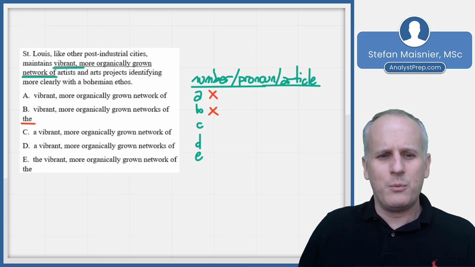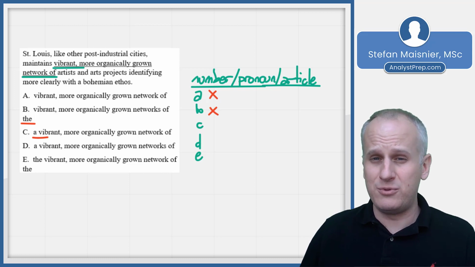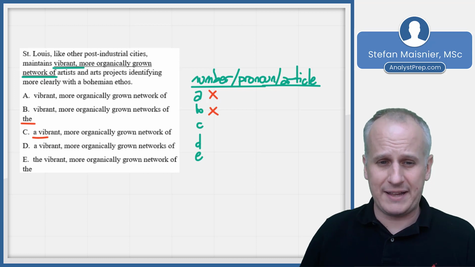Now, in C, we have a vibrant, more organically grown network of artists and arts projects, identifying more clearly with a bohemian ethos. That fixed our issue. You don't necessarily want to predict what the fix is on sentence corrections, but if you find something that gets rid of the issue that you originally identified, that seems like a viable option. You can go a little bit more quickly through the remaining answer choices.